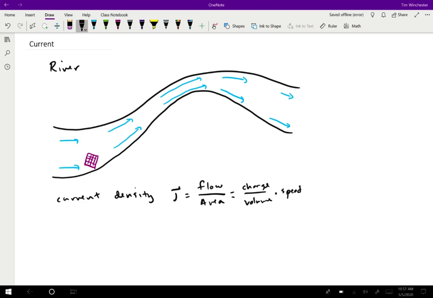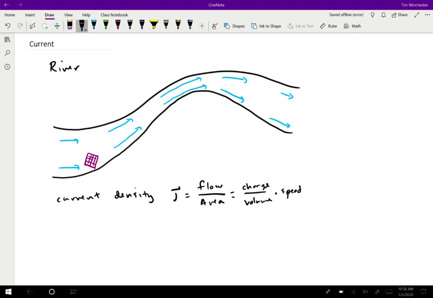So if it's moving in a particular direction, then that's going to be the direction of the flow. So I guess I should really have called this velocity. But this is the general idea for how we can think about the current density. Okay. So we've got two different ways to think about the current density. And let's talk about them one at a time.